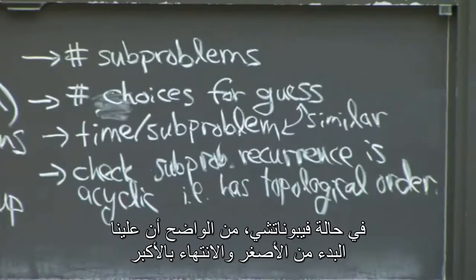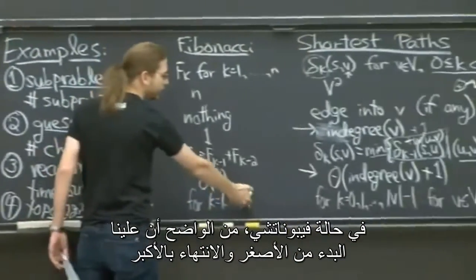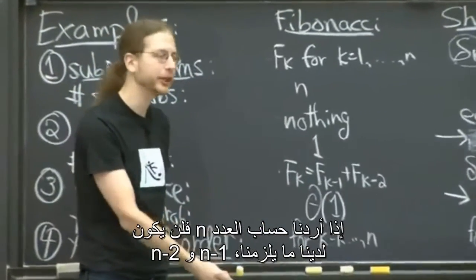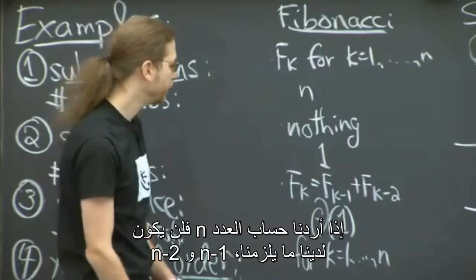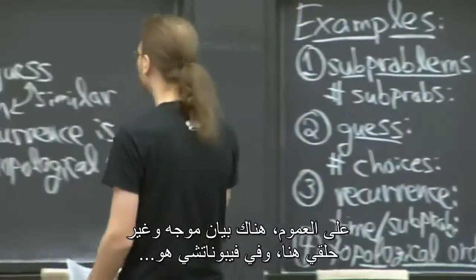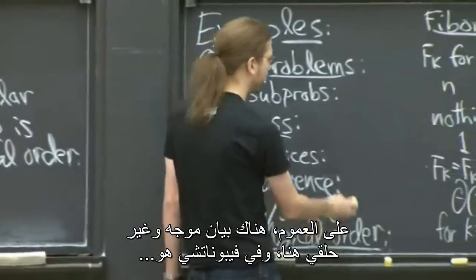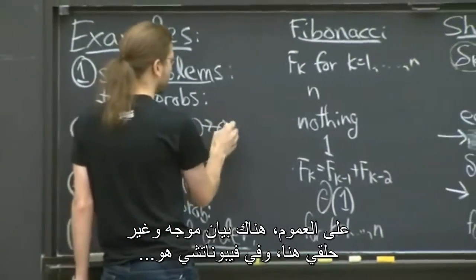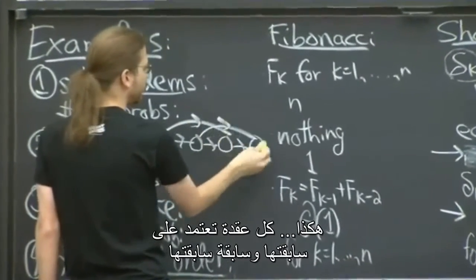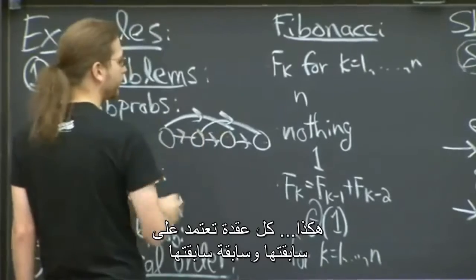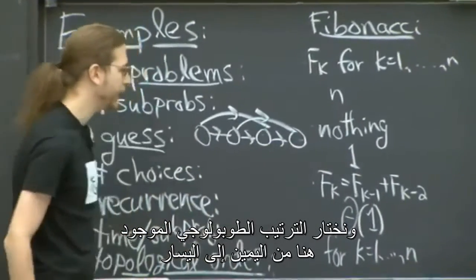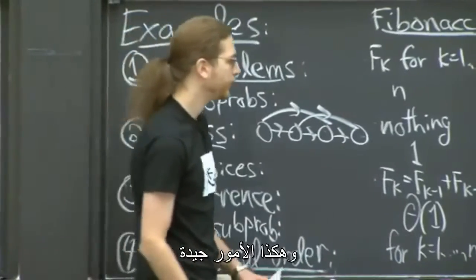In the case of Fibonacci numbers, it's clear you want to start with the smallest one and end up with the biggest one. You can't do the reverse, because then when you're trying to compute the nth, you don't have the ones you need, the n-1 and n-2. But if you do it in this order, you always have the one you need by the time you get there. In general, there's a DAG there, and for Fibonacci it was like this. Every node depends on the previous and the second previous. But you just choose the topological order, which is here left to right, and you're golden.